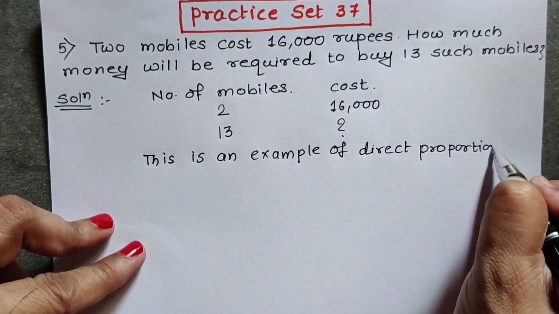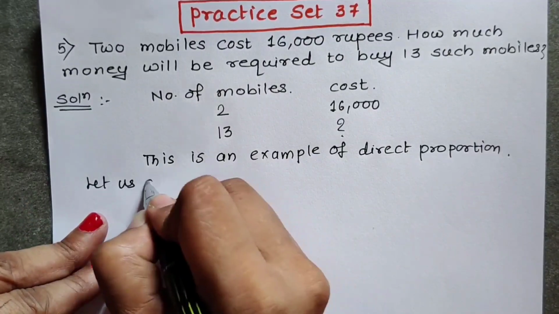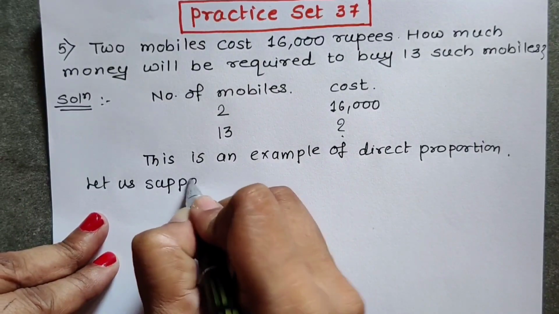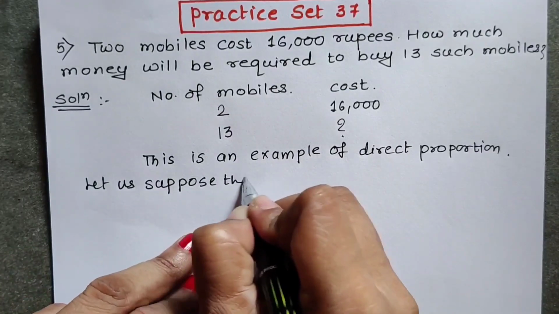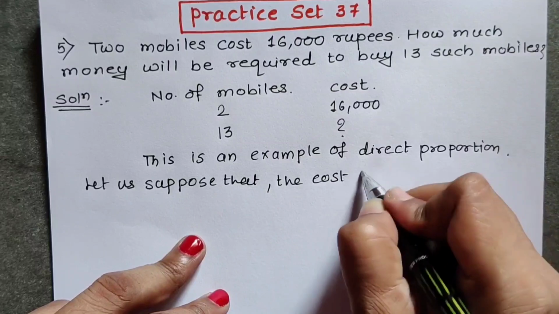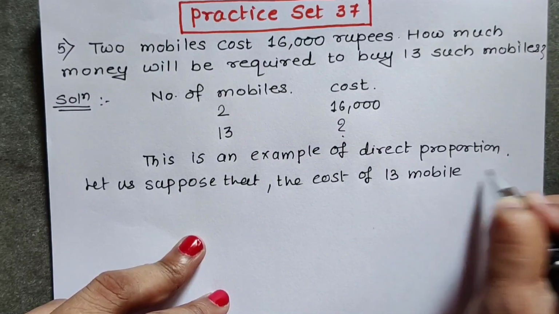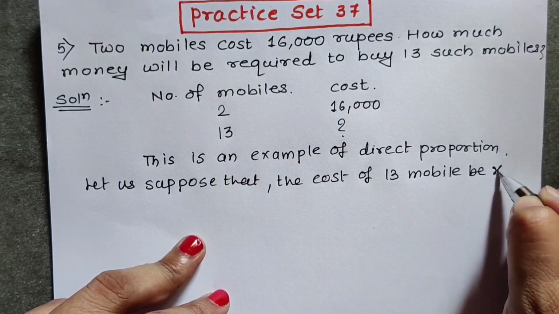We have to find the cost of 13 mobiles. So let us suppose that the cost of 13 mobiles be x rupees.